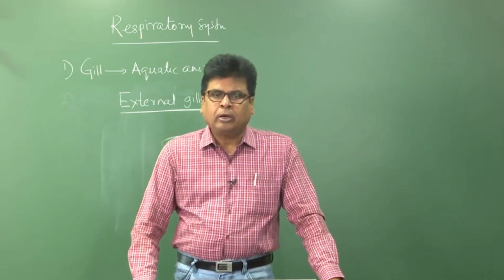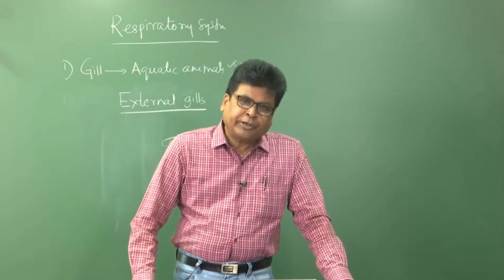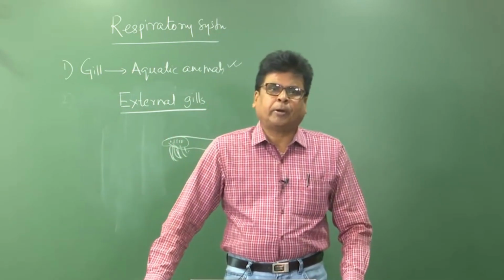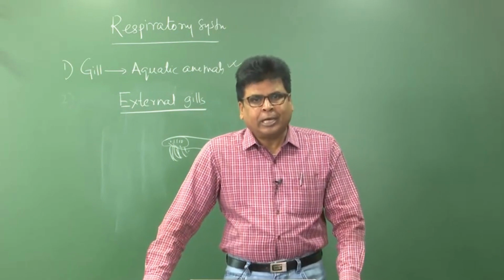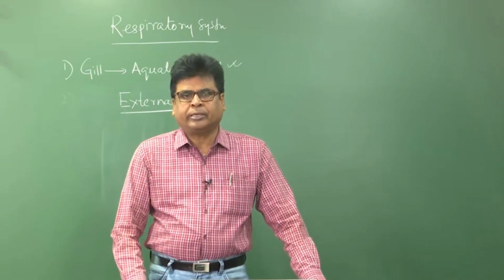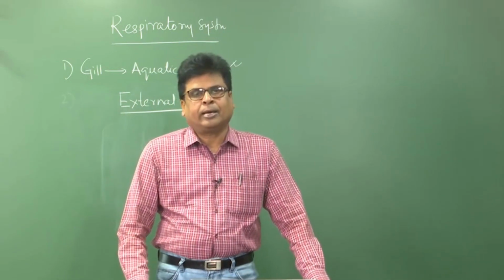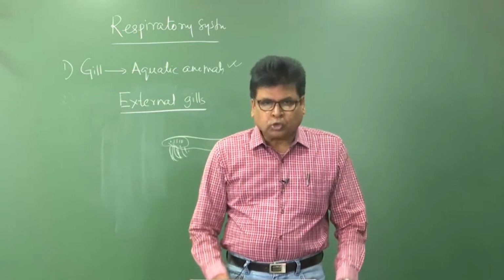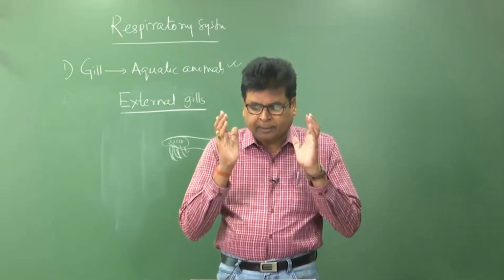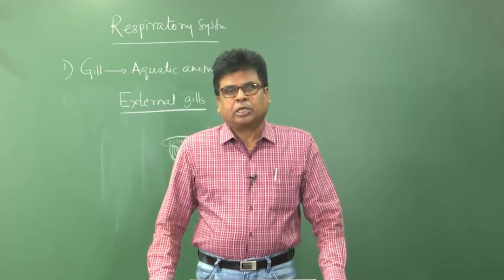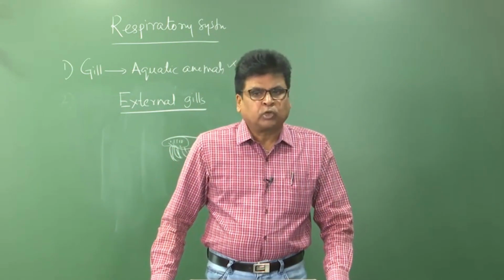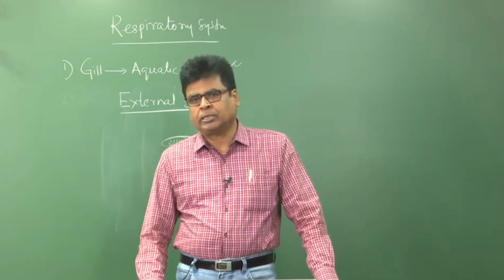The larvae of amphibia or some tailed amphibia possess this type of external gills. And what are they? They are the derivative of outgrowth of the integument, and they are ectodermal in origin. So, they form a tough filamentar structure, and that conducts the respiratory function, hence this is known as external gill.